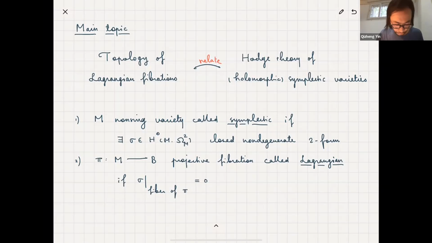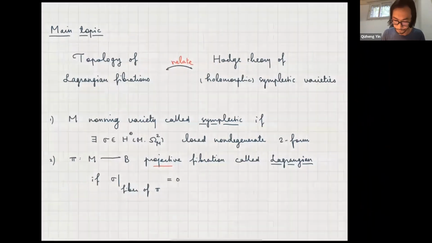Then a fibration: in my talk, it will always be a projective fibration, and the base will always be normal. It's called Lagrangian if the holomorphic two-form restricted to the smooth locus of the fibers is zero. So this is just the definition.